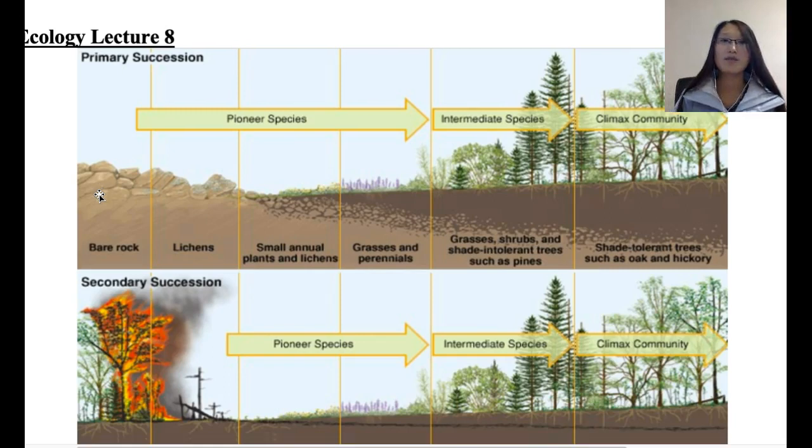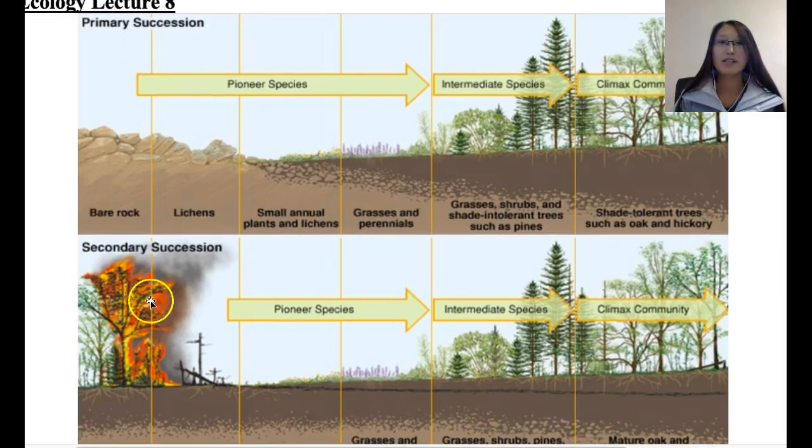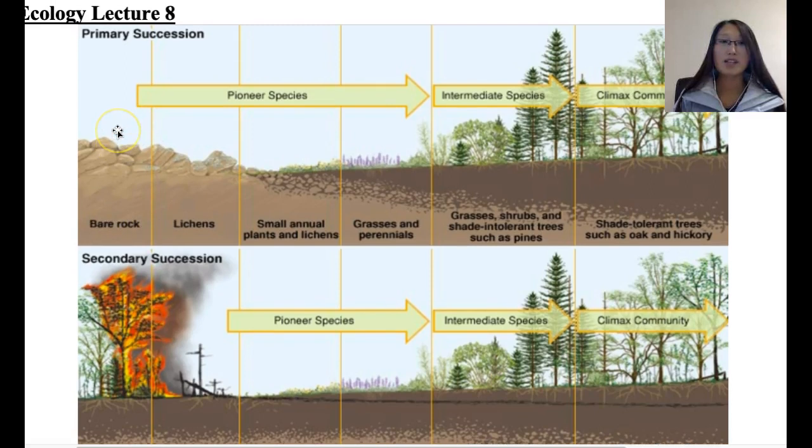The major difference between primary and secondary succession is that primary succession is a complete new beginning of life, where there is not even soil and there's no seeds or roots or anything. We start brand new. The next step, we have our pioneer species.